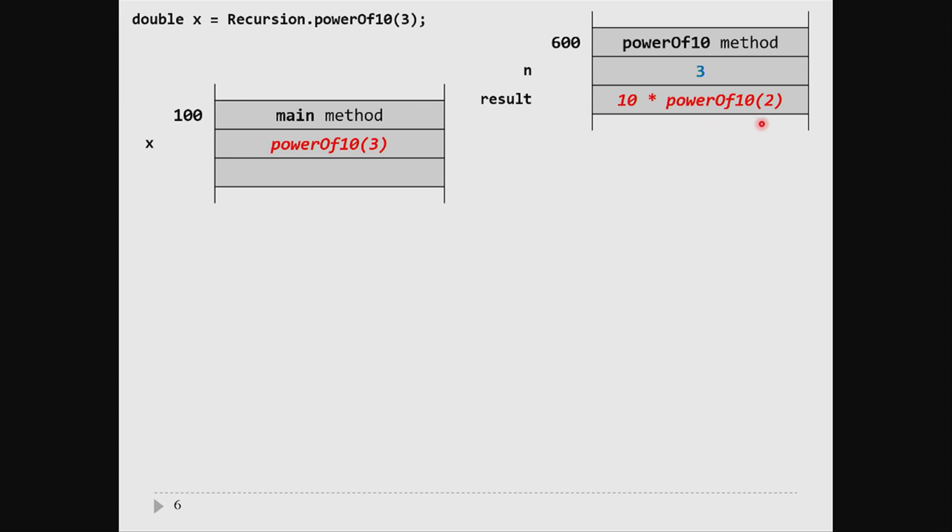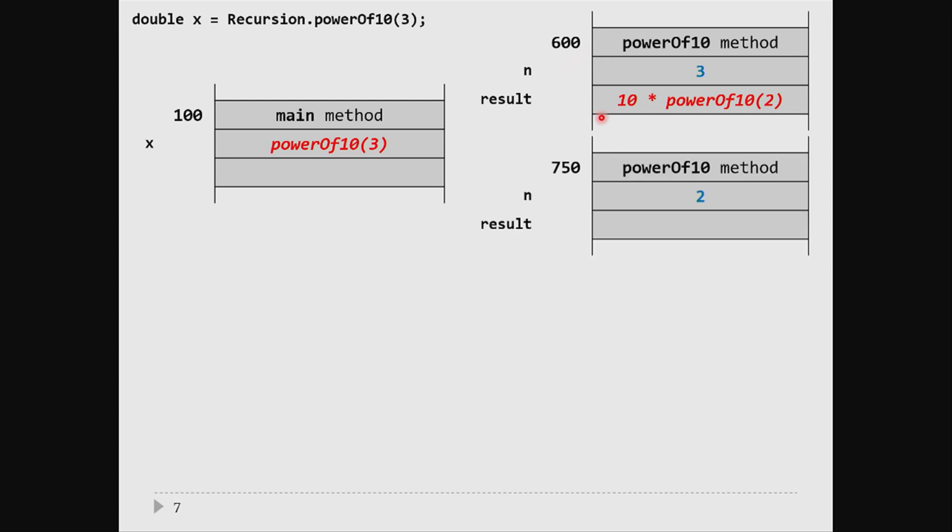Now, when you make the recursive call, it does not run in the same block of memory. It runs in a new block of memory, so another version of power of 10 appears. It has its own parameter n, and its own local variable result.